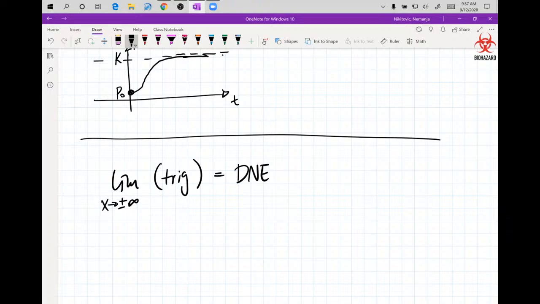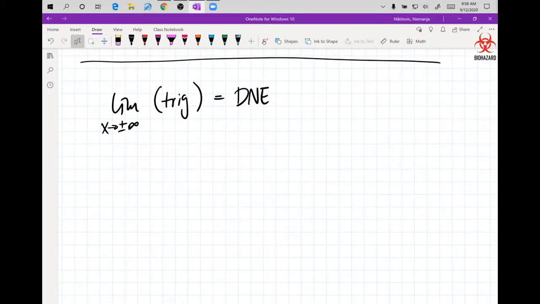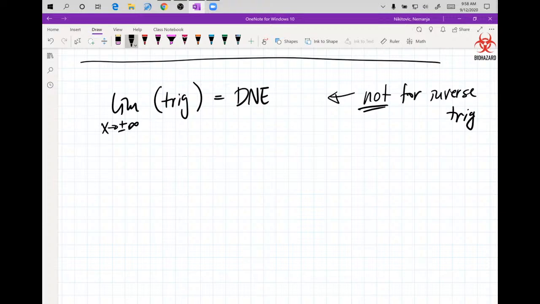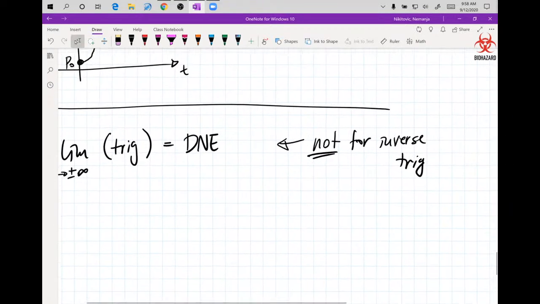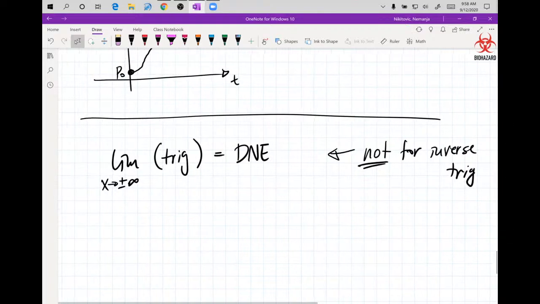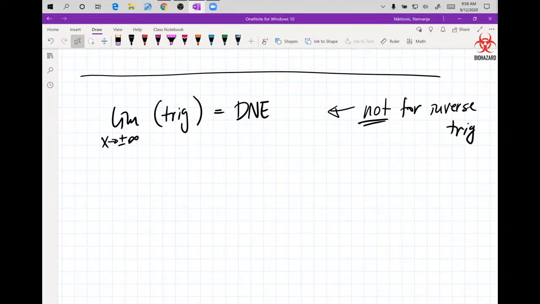Now, that doesn't hold for inverse trig functions. Inverse trig functions are just fine, right? So I'll put here: not for inverse trig, because inverse trig, let's say y equals inverse tangent, that has horizontal asymptotes, so it works just fine, right?